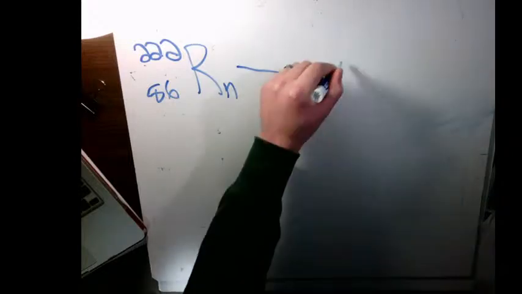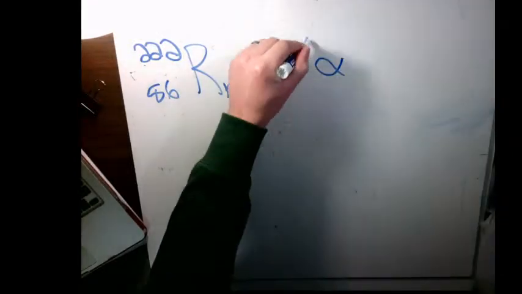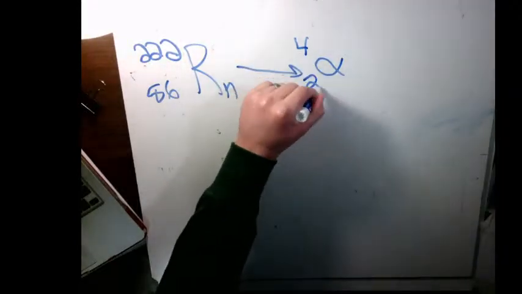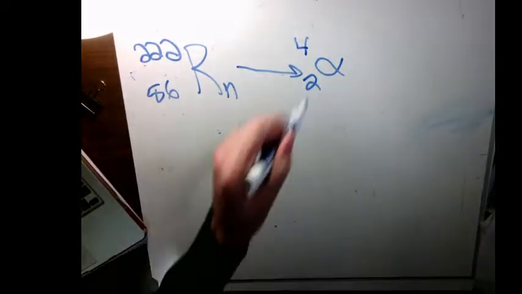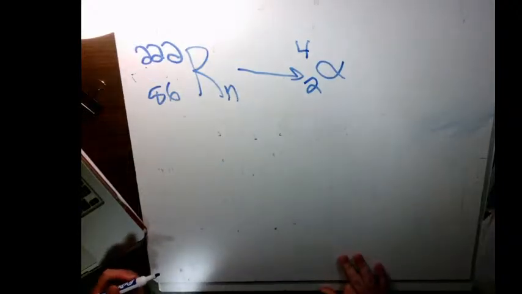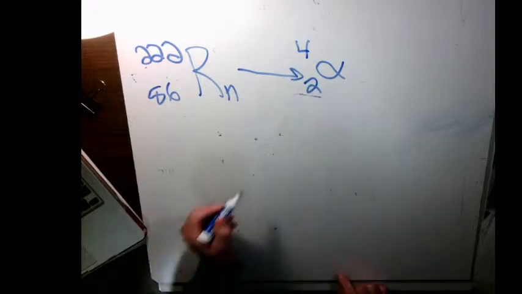So we're going to need to emit an alpha particle, which is like our helium-4. So we have 4 total nucleons, 2 protons, and this guy would have a charge of 2+, right? Because we have 2 protons.